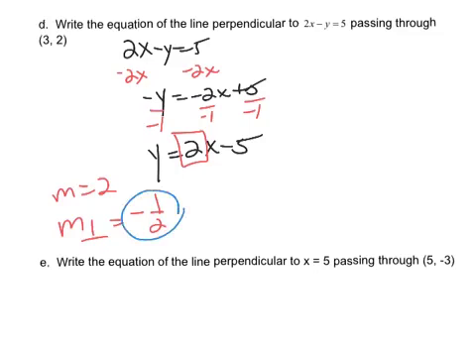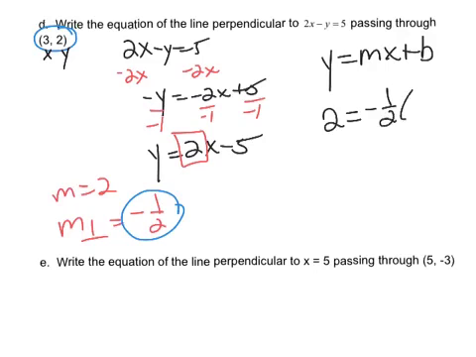So now I've got a slope and a point. What I do is I substitute it into y equals mx plus b. This is x, this is y. So 2 is equal to negative 1/2 times 3 plus b. This is 2 is equal to negative 1.5 plus b.